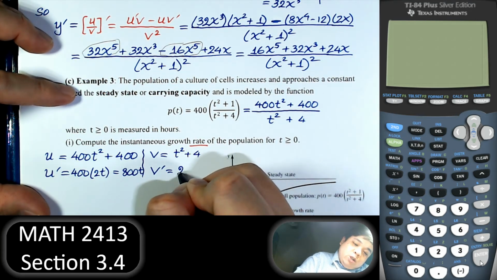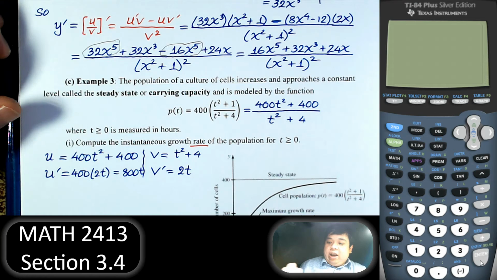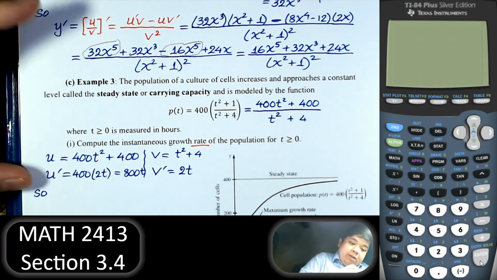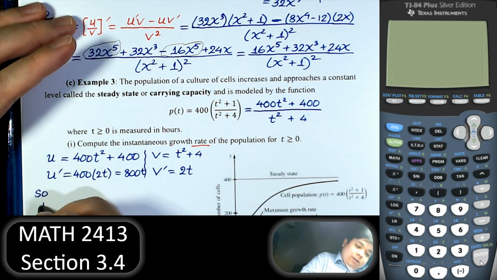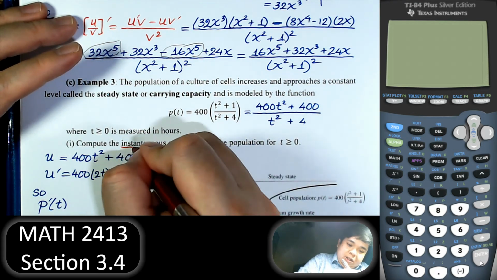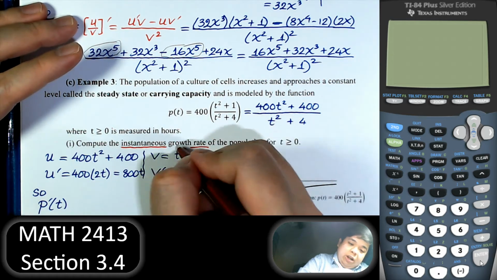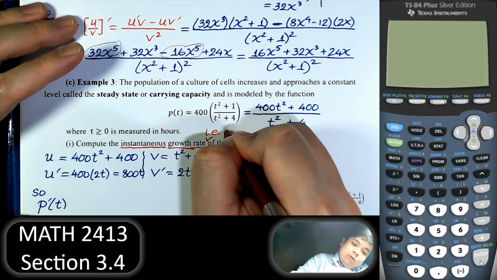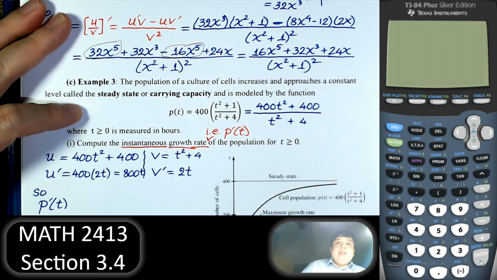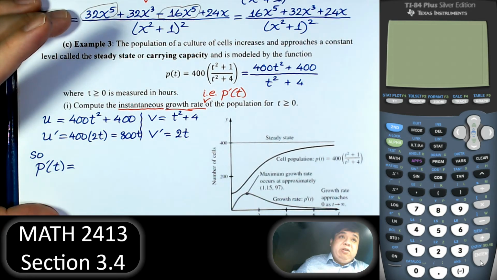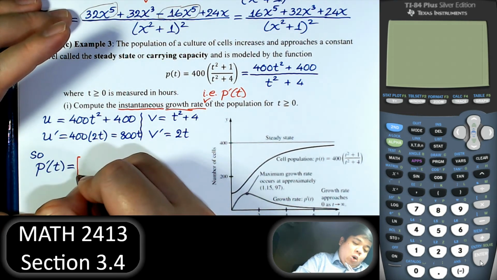Derivative of t squared is 2t, and then that's all we have. Now, the instantaneous growth rate, that is the derivative with respect to t, which is a quotient. Derivative of a quotient is the quotient rule.